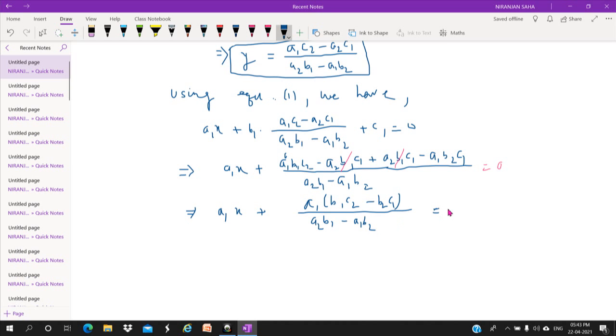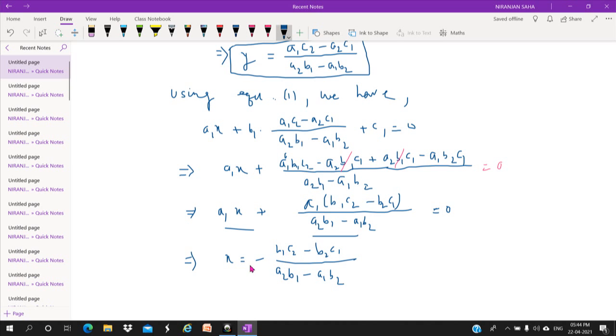So a1 we can take common from both the terms. If a1 is not equal to 0, then the other term must be equal to 0. So x is equal to minus (b1 c2 minus b2 c1) by (a2 b1 minus a1 b2).